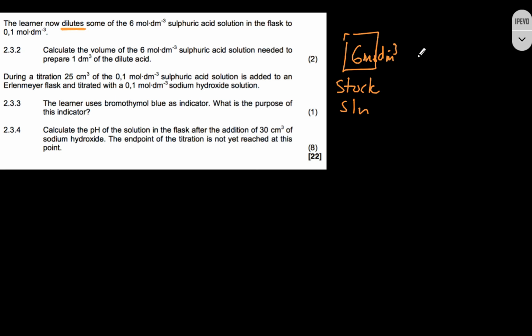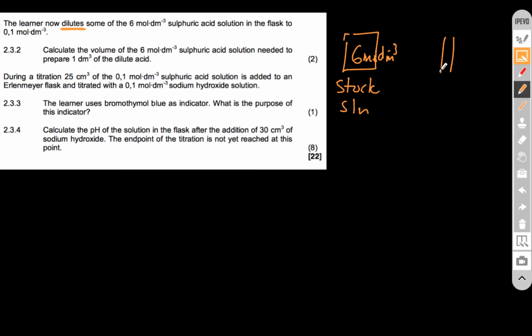And then that stock solution is going to be diluted in a volumetric flask. The volumetric flask must be exactly the volume that you need at the end of the day.